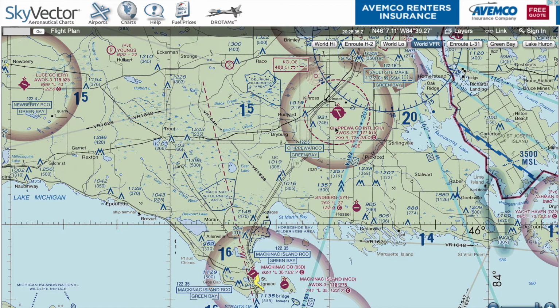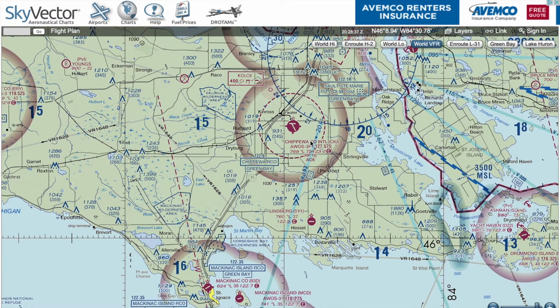Now, what's confusing about it, what type of airport is this? Is it a controlled airport or uncontrolled? In other words, is there a control tower there? It is an uncontrolled airport. There is not a control tower there, but it's in controlled airspace. That's what hangs people up.